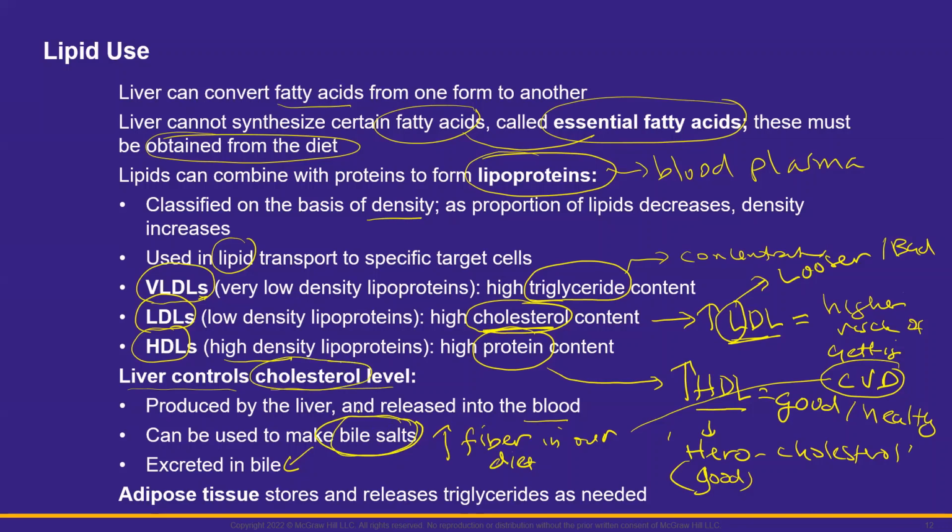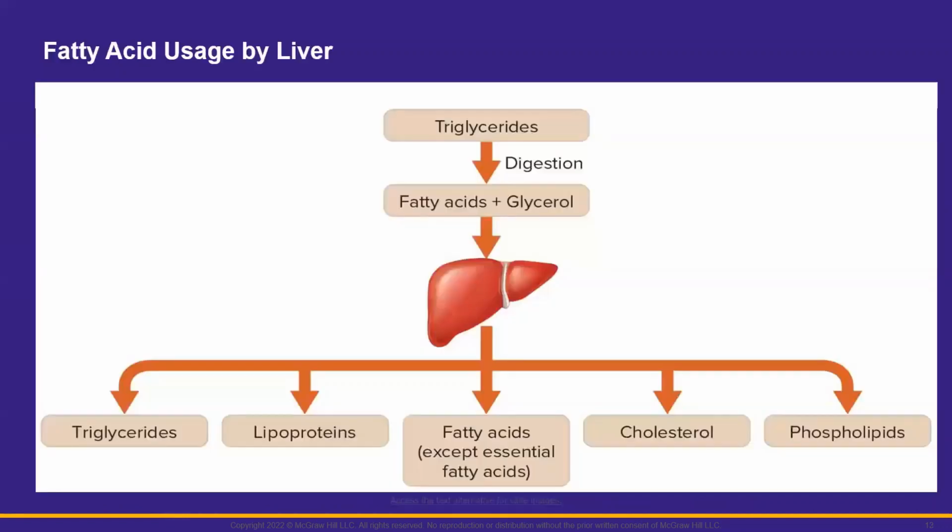It means that it will cause the cholesterol level in our blood to become lower. Okay, so that's the connection between fiber and lower cholesterol level. Adipose tissue stores and releases triglyceride as needed. Okay, so the extra fat, the triglyceride, will be stored in the fat tissue or adipose tissue.